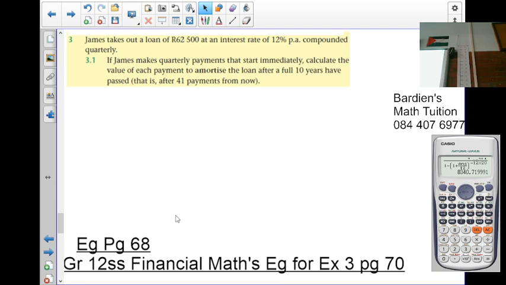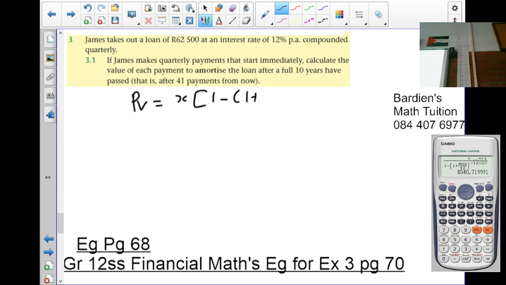So if we look at that, again it's the present value formula: x into 1 minus 1 plus i to the exponent negative n over i. Whatever the present value is, I must take one payment x off from that. Why? Because it's not incurring interest on the first payment.